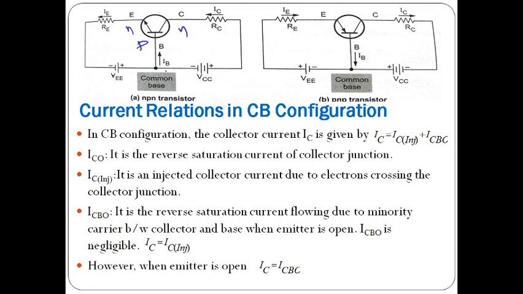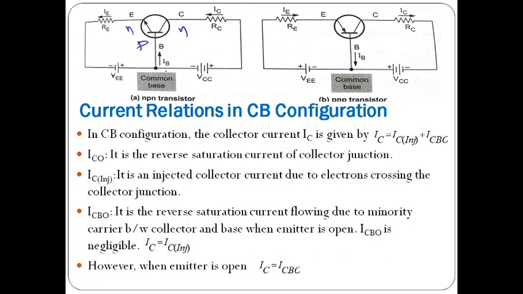So the total current at the collector junction can be written as IC due to injection plus ICBO. Here ICO or ICBO is the reverse saturation current of the collector junction, and IC injected is the collector current due to the electrons crossing the collector junction.